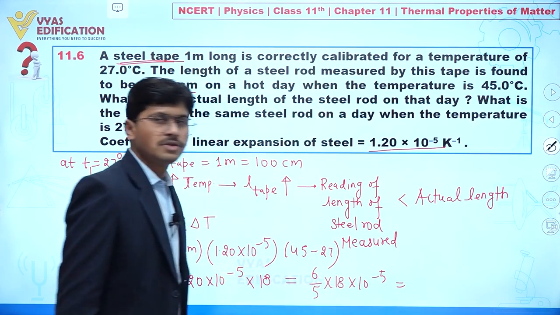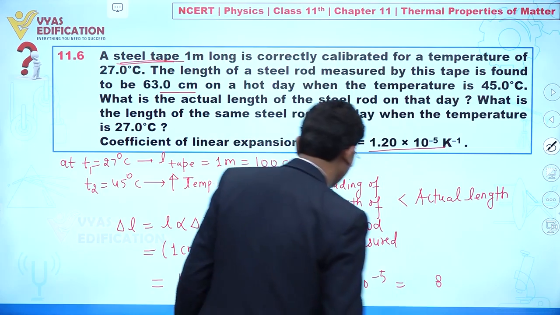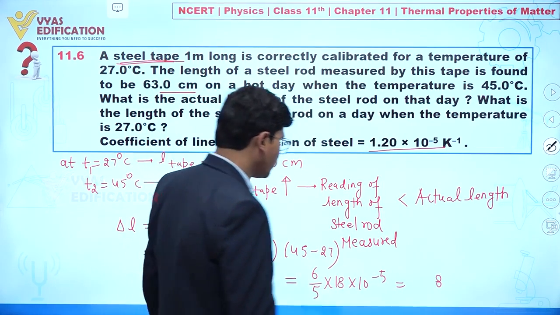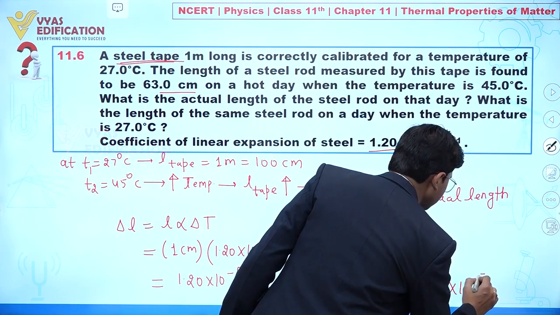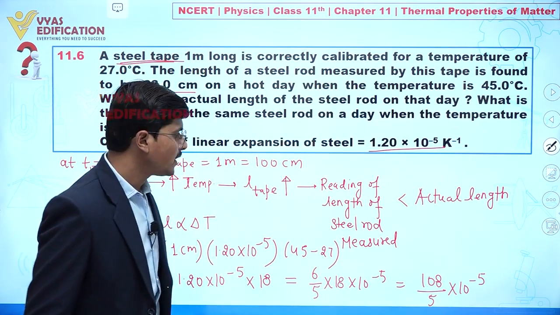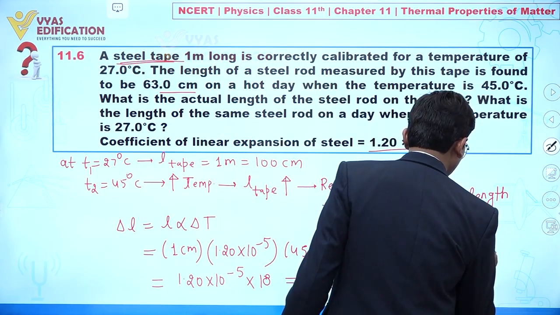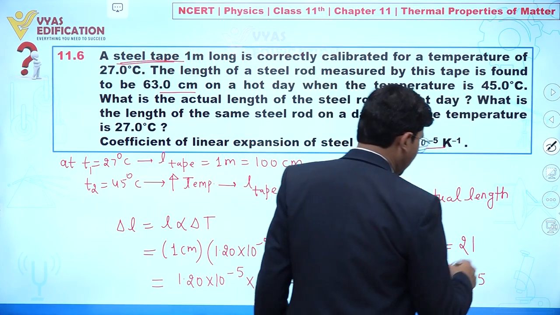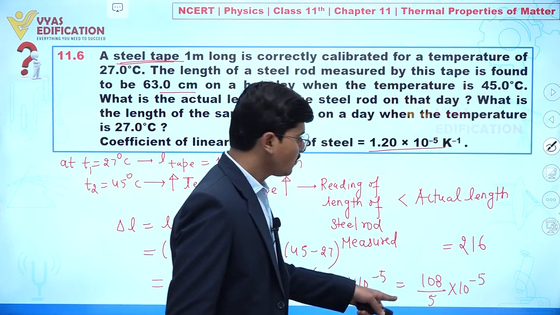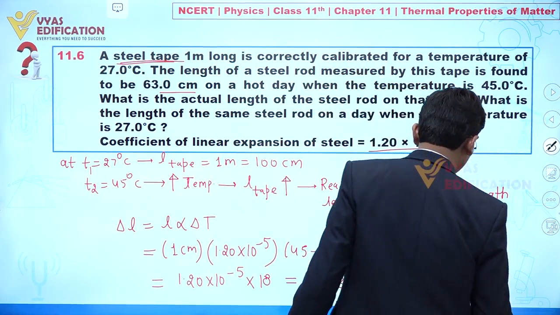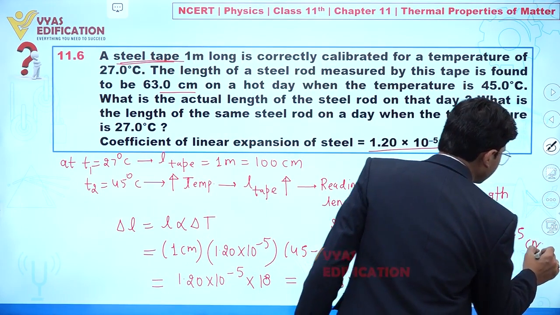Now if you multiply 18 with 6 we get 108, divide by 5, and from here if you calculate you get 21.6 into 10 to the power minus 5 centimeter. So this is what?